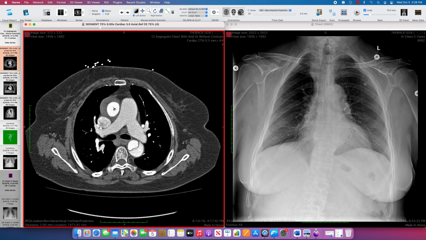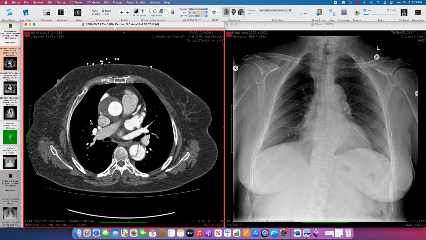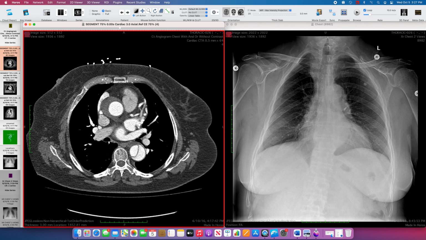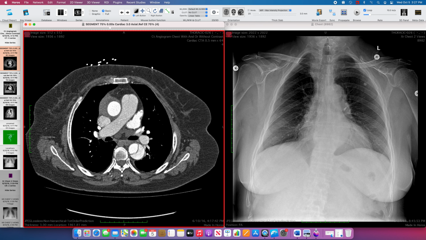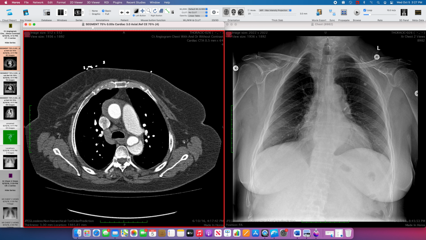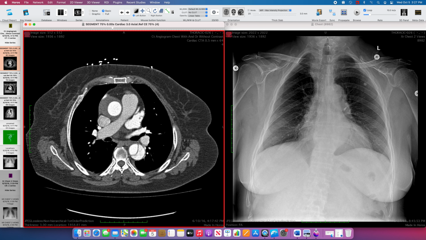Because this dissection involves the ascending aorta, we call this a Stanford A aortic dissection, and this is a surgical emergency. This patient is treated surgically.